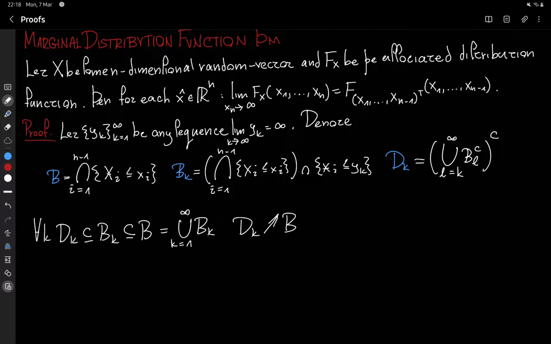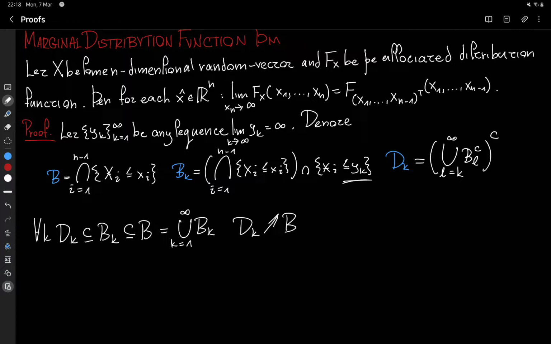Or the more intuitive, less formal way of thinking about it is to say that, okay, as k approaches infinity, this is getting larger and larger. The intersections that we do get smaller and smaller. We eventually get a whole set. And as k approaches infinity, the B_l with which we are dealing here, for them, the l also approaches infinity.